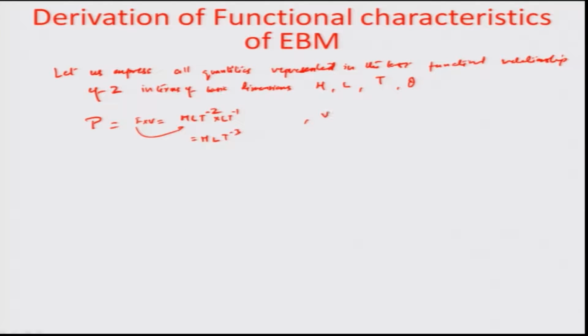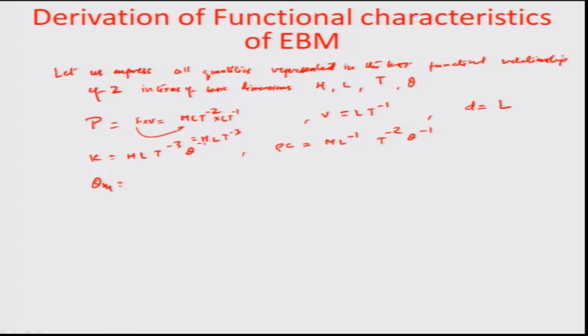Similarly, velocity v is L T minus 1, and diameter again is a length unit, so you have L. The dimensional representation of thermal conductivity K is given by M L T minus 3 theta minus 1, and the volume specific heat rho c product is M L minus 1 T minus 2 theta minus 1.